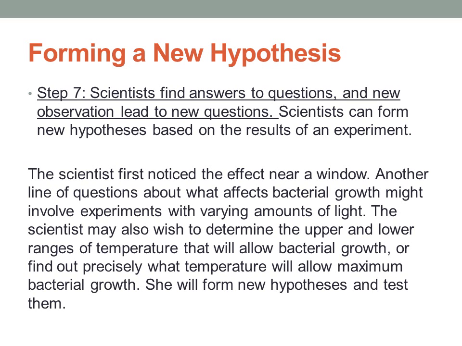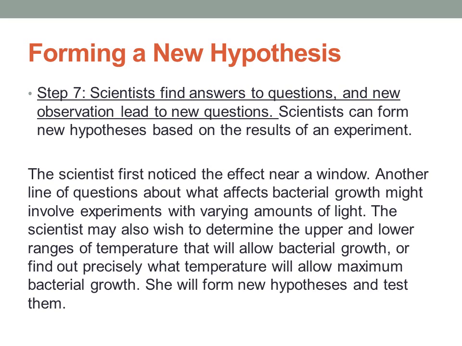After you make your conclusion, scientists find answers to questions, and new observations lead to new questions. Basically, they can now form new hypotheses based on the results of their experiment. Here's an example. The scientists first noticed the effect near a window.